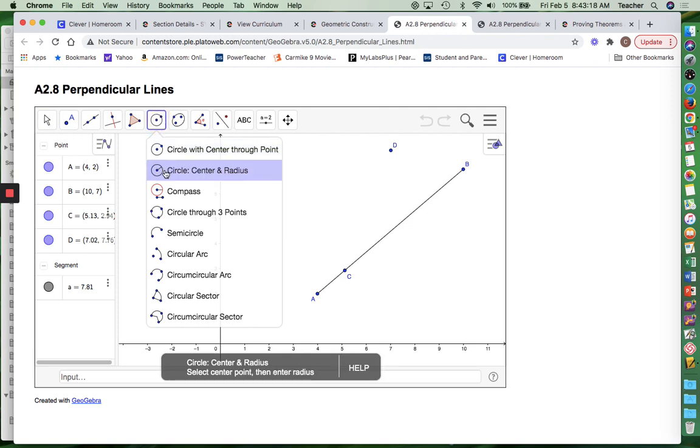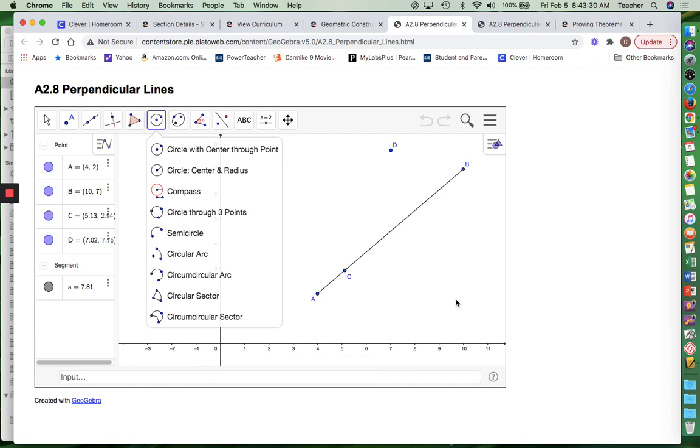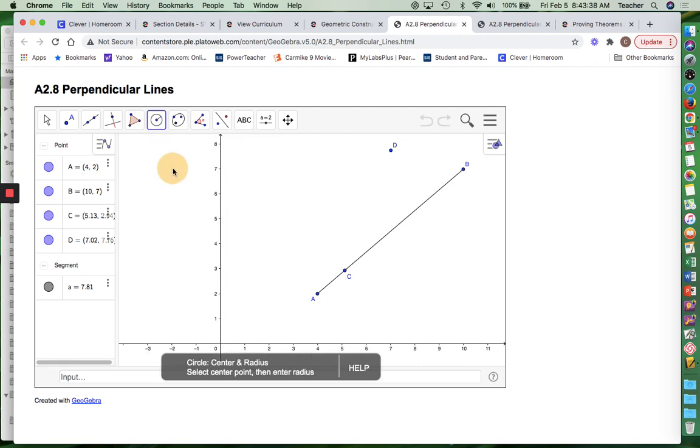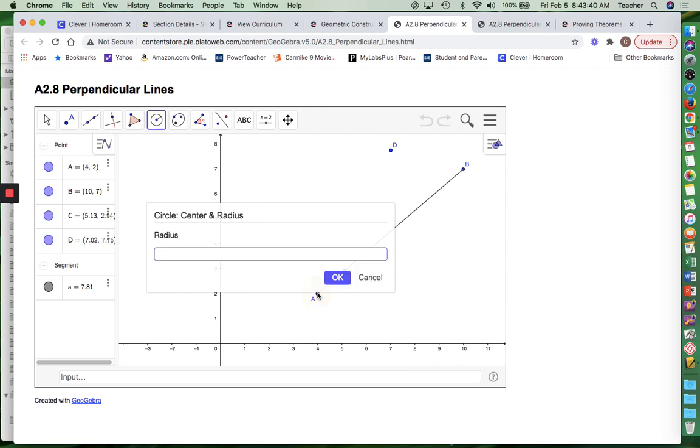Well, looks like I have a center, so I'm going to need to choose a radius. 4, 5, 6, 7, 8, 9, 10 looks like where B is, so let's go more than halfway, so let's go to 8. So that's a radius of 1, 2, 3, 4. So I'm going to click on A, then radius of 4, click OK.